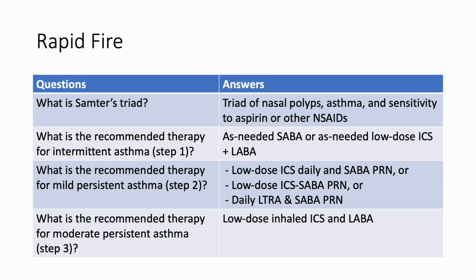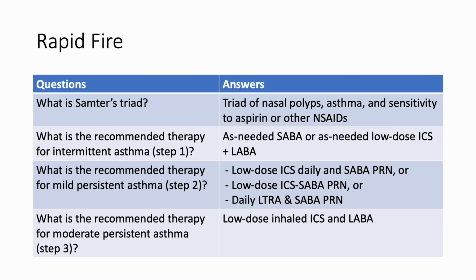What is Samter's triad? The triad consists of nasal polyps, asthma, and sensitivity to aspirin or other NSAIDs. What is the recommended therapy for intermittent asthma? As needed SABA or as needed low-dose steroid plus LABA.